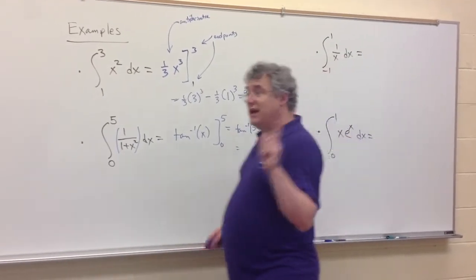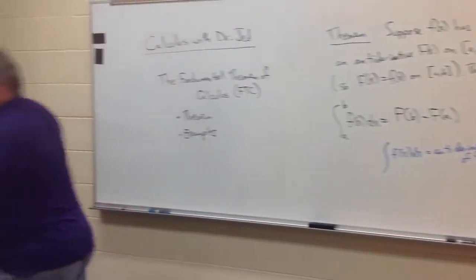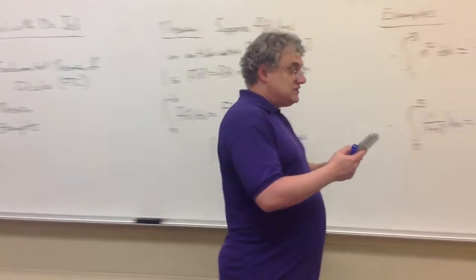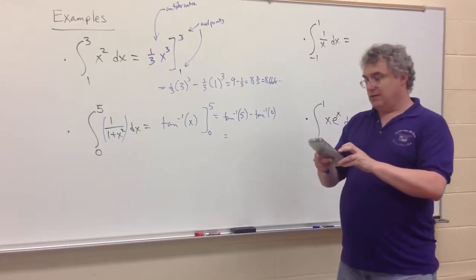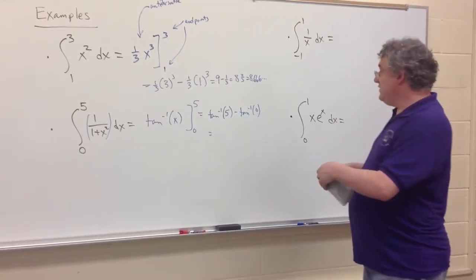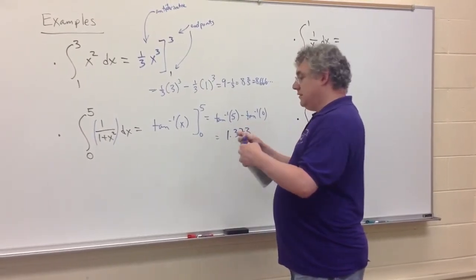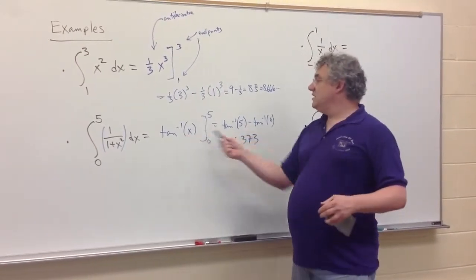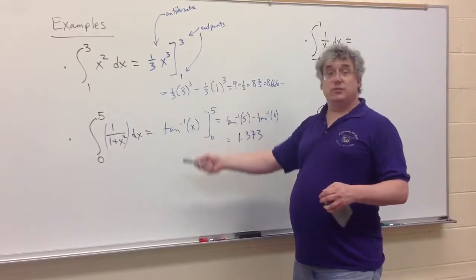So I'm going to go get a calculator and evaluate it, because I don't want to do it in my head. I get 1.373. But this is the calculus, this is just plugging in. Hopefully these two made some sense.